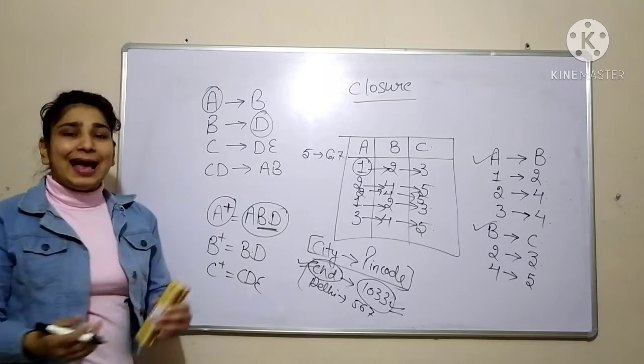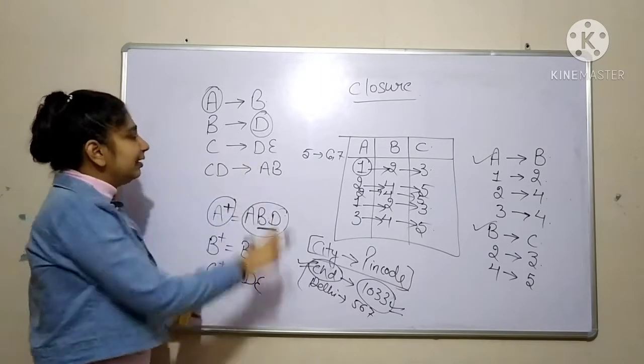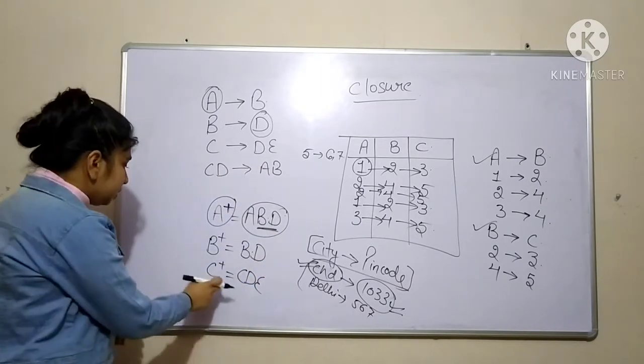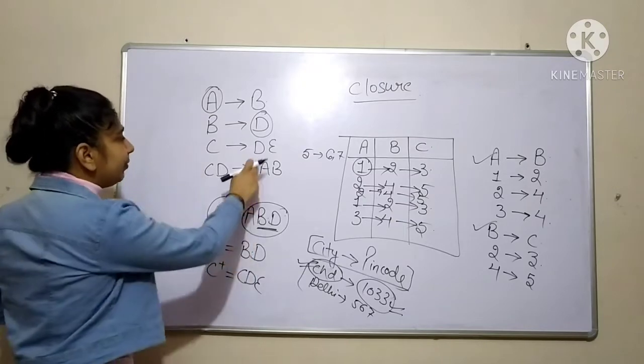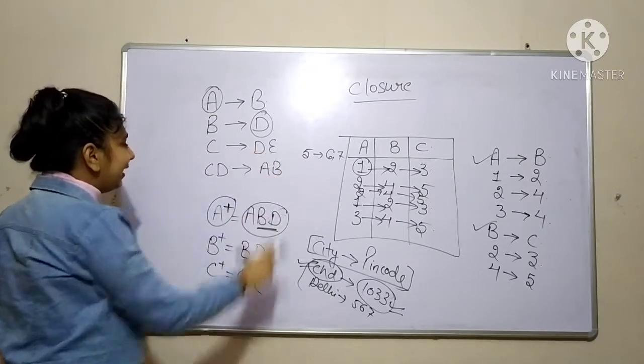So this is the actual meaning of functional dependency. With the help of C, I am able to determine D and E uniquely.